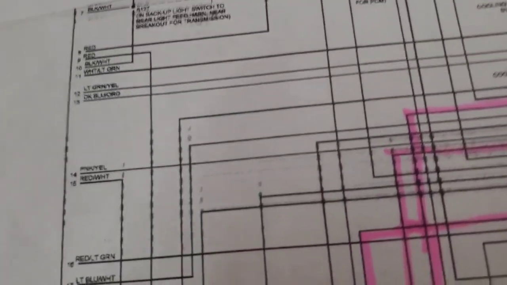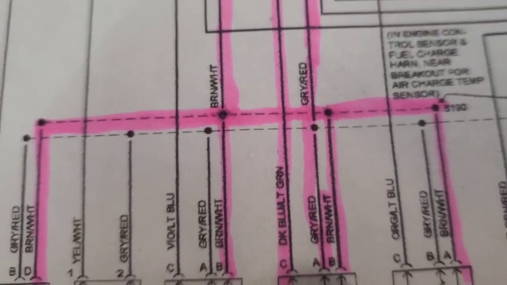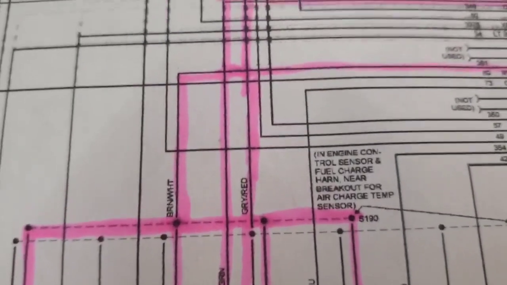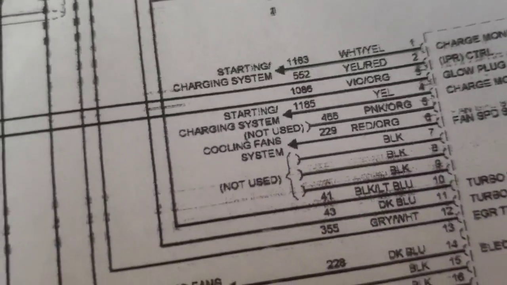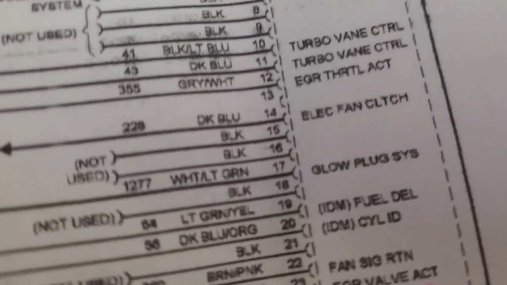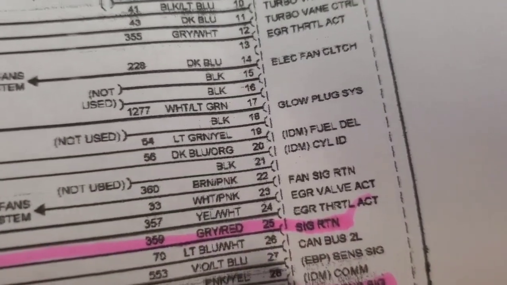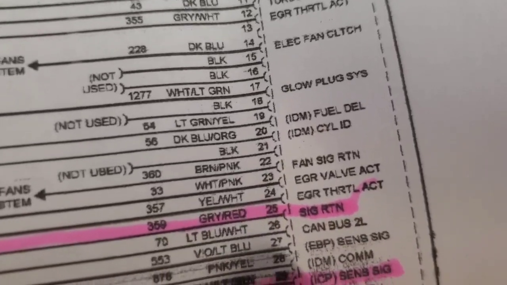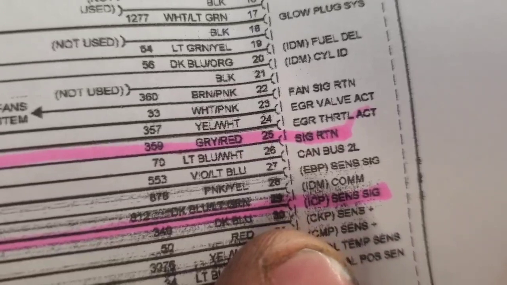And then we got the dark blue, they call it dark blue, and a light green wire coming out, and that's going up to pin 29, which is your signal return. 25. No, wrong. 29 is right the first time.